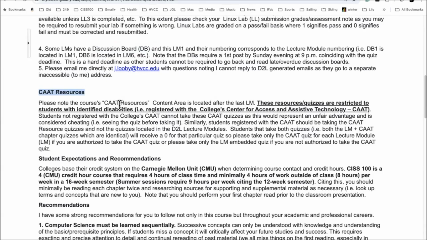Regular students cannot take these questions. If you are a CAT student, you'll take these quizzes and not the quizzes in the lecture modules. The quizzes are the same, with different criteria, but it would not be fair to see the quiz and its answers and then take it for credit. So you get one or the other. If you're not registered with CAT, you take the quizzes in the lecture module. If you're registered with the CAT, you take the CAT quizzes.